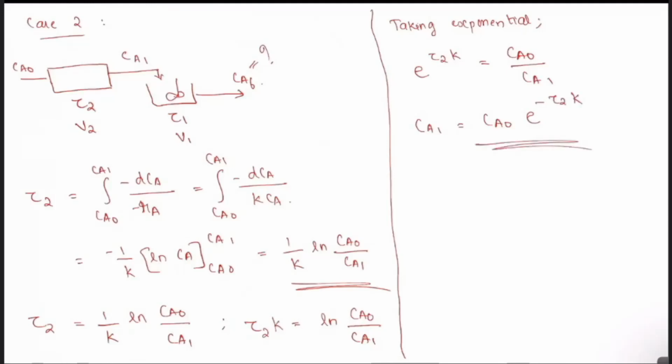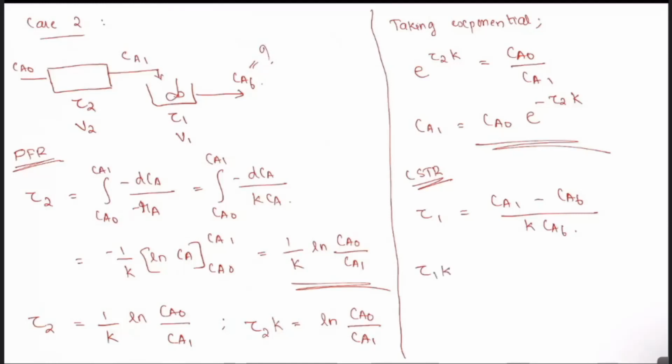Right. So this is the design equation for PFR. Now we do the same for CSTR. For CSTR, tau 1 will be Ca1 minus CAF by K CAF. Now rearrange this.